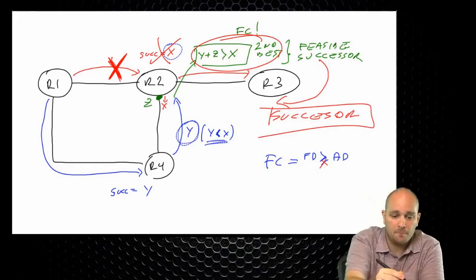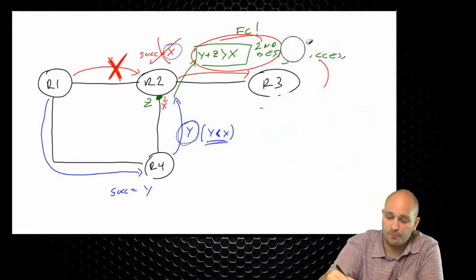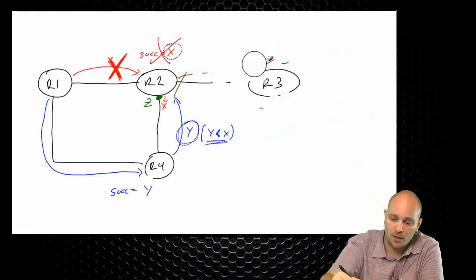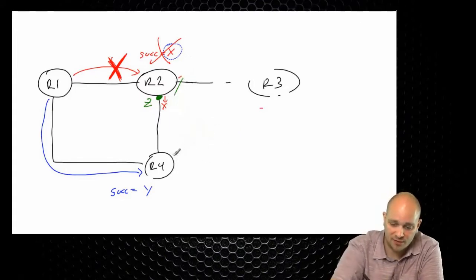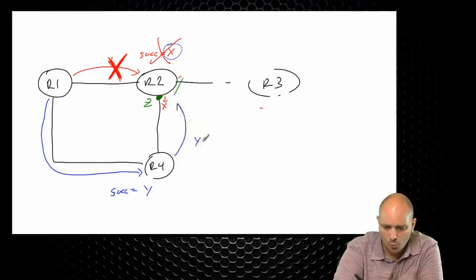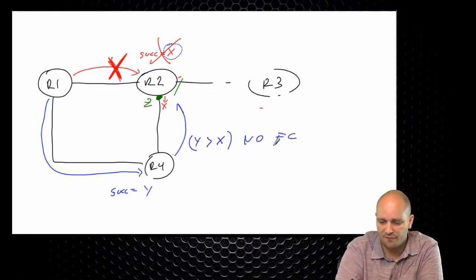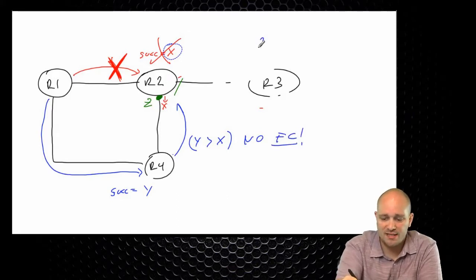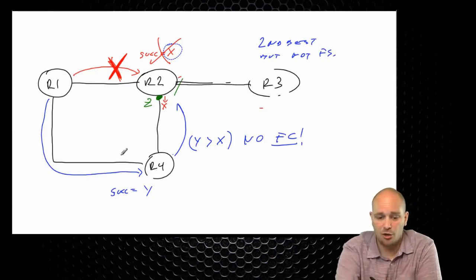Now, what would happen if this route here actually wasn't a feasible successor? We still have the same network setup, but let's say that the advertised route, Y, is actually higher than X. So this now does not pass the feasibility condition on R2. This is a second best route, but it's not a feasible successor. We know for a fact that this is a loop-free environment, but remember, R2 doesn't know that.